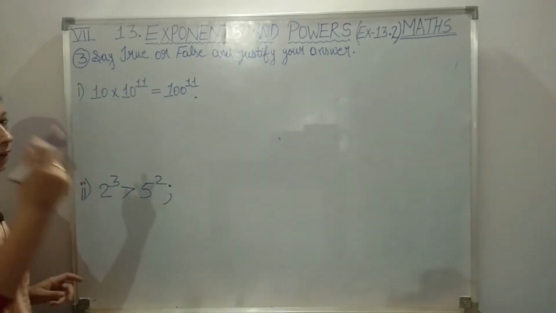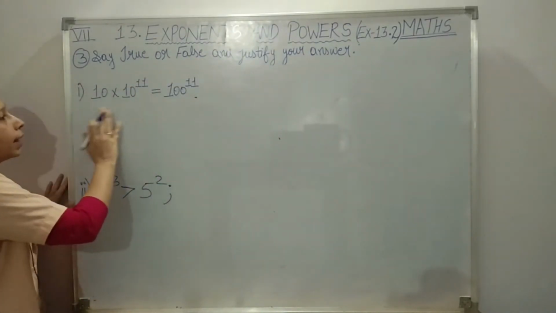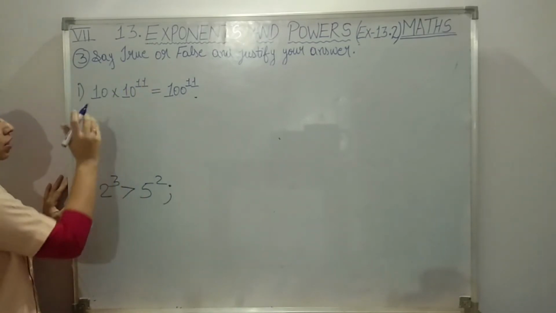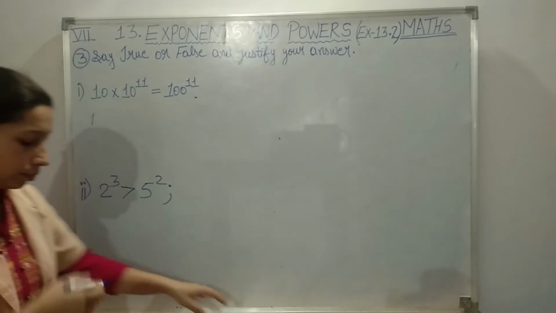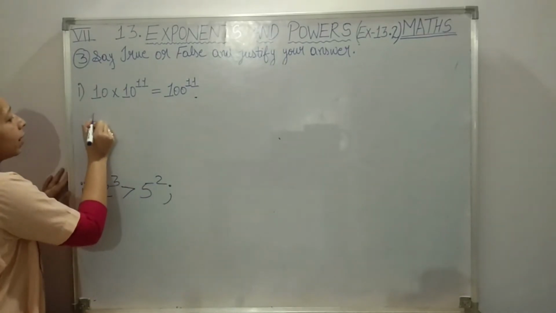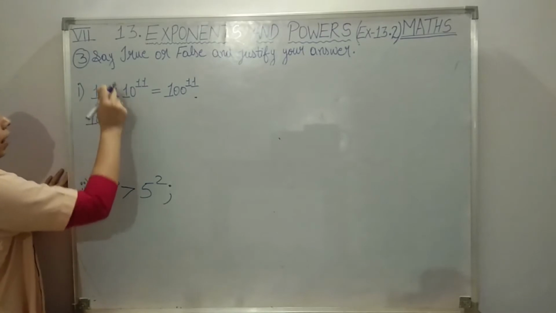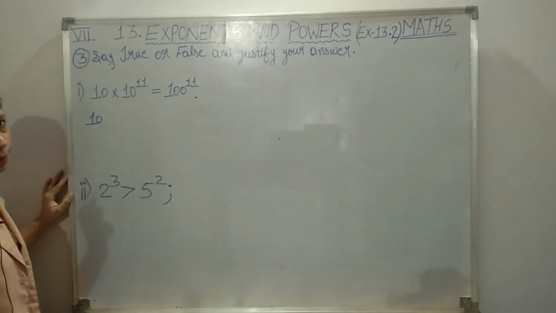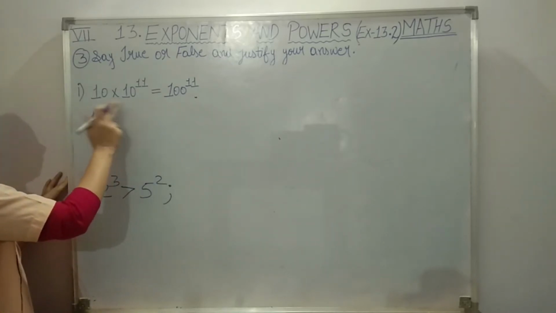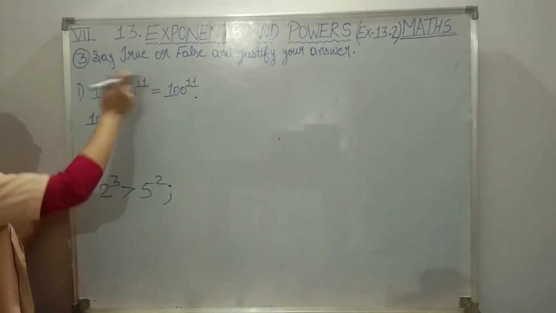First 2 points I will explain, next 2 will be your work. Okay, 10 into 10 raised to the power 11. First I will take this side students. How to solve? We have studied the law where a raised to the power m into a raised to the power n will give us a raised to the power m plus n. So here the bases are same, so here 1 and here 11.